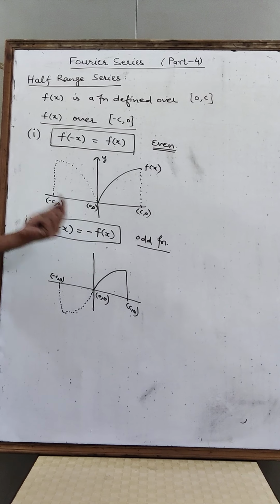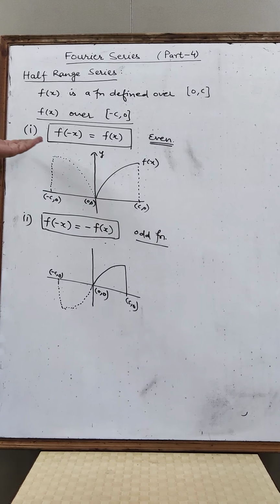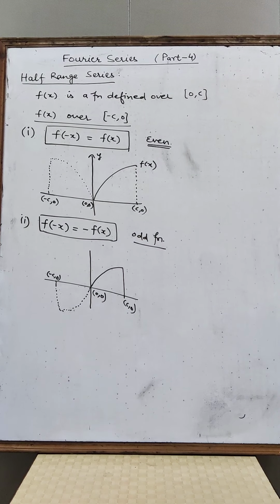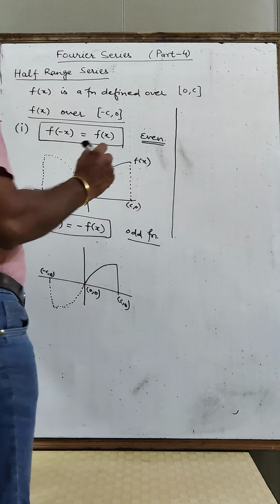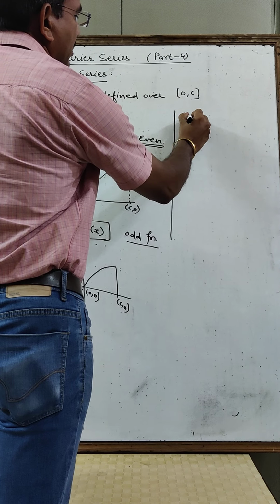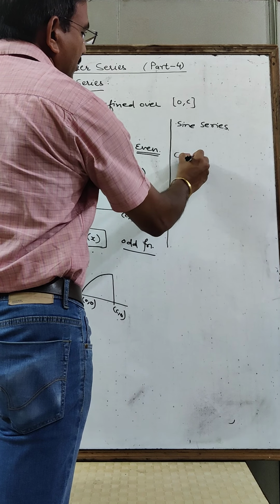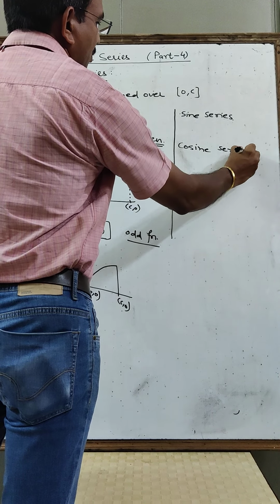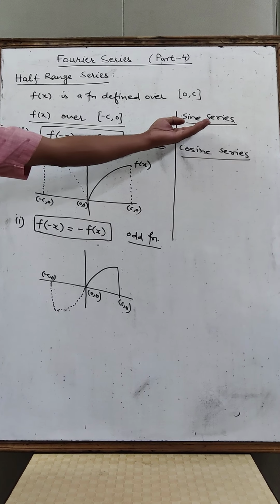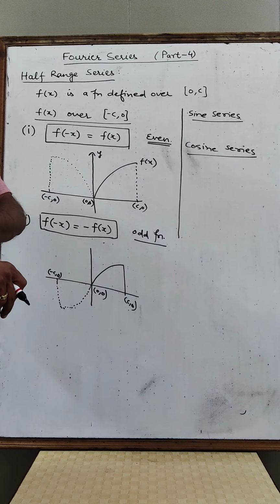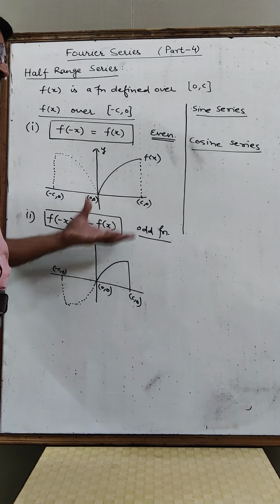So students, now we will discuss what we will get when we extend the function as an even function or as an odd function. That will depend upon the problem of half range series: you will be asked to find the sine series, or you will be asked to find the cosine series. So we will discuss whether, to find the expansion as a sine series, we consider an even or odd extension.